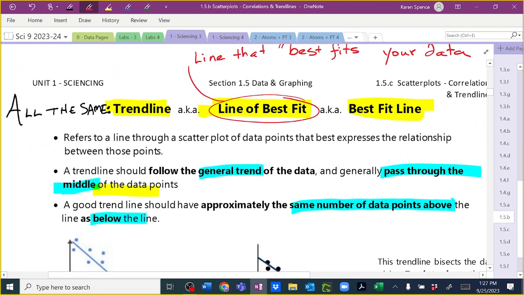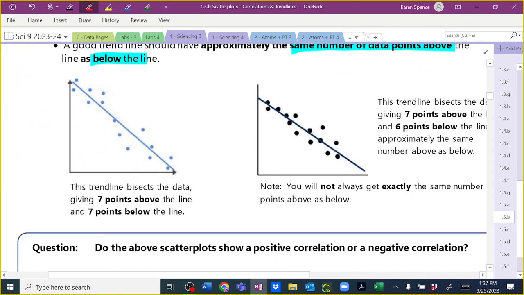Oh, by the way, tell your partner, what kind of correlation do we have here? What kind of correlation is shown in the graph? Is it positive? Is it negative?